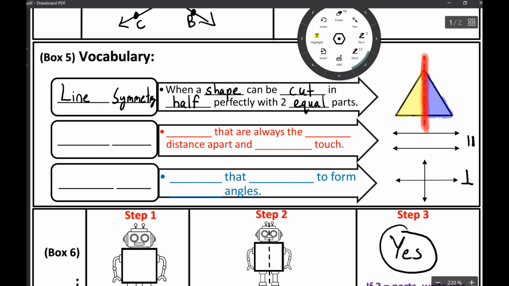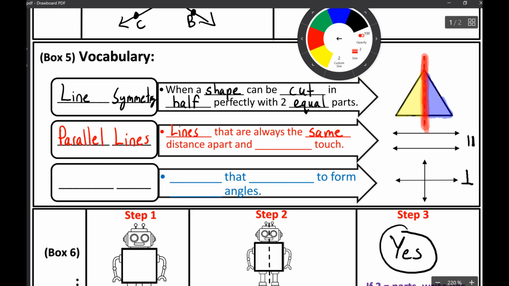Going into our next vocabulary term, we have parallel lines, P-A-R-A-L-L-E-L. Parallel lines are lines that are always the same distance apart and never touch.